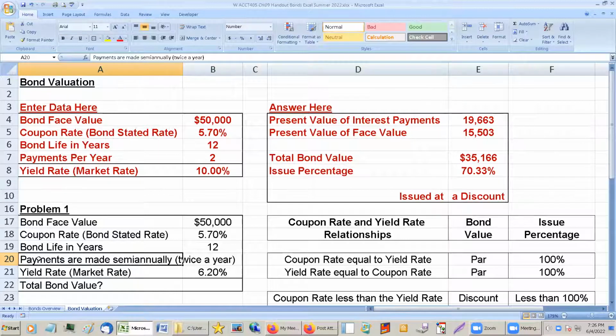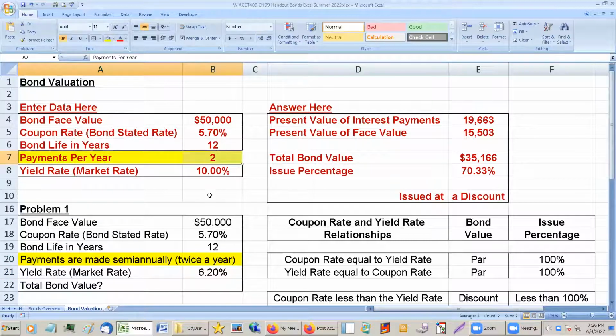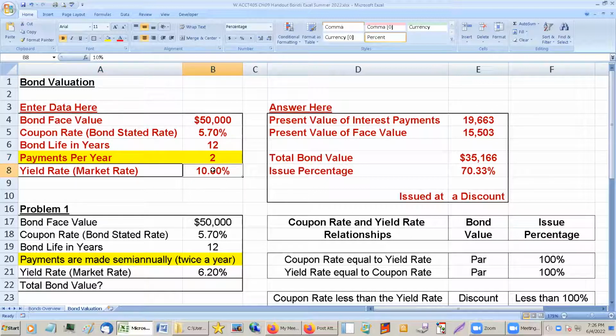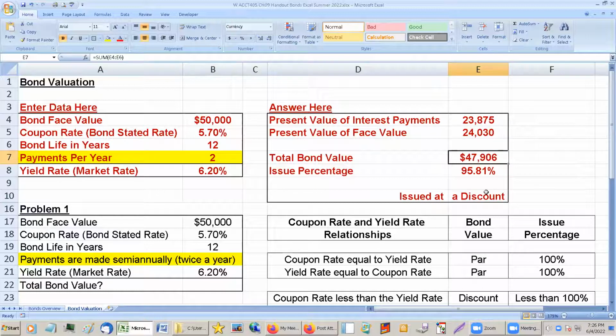This is a very common thing. And the yield rate, or the market rate, is 6.2. The value of the bonds is 47,906.